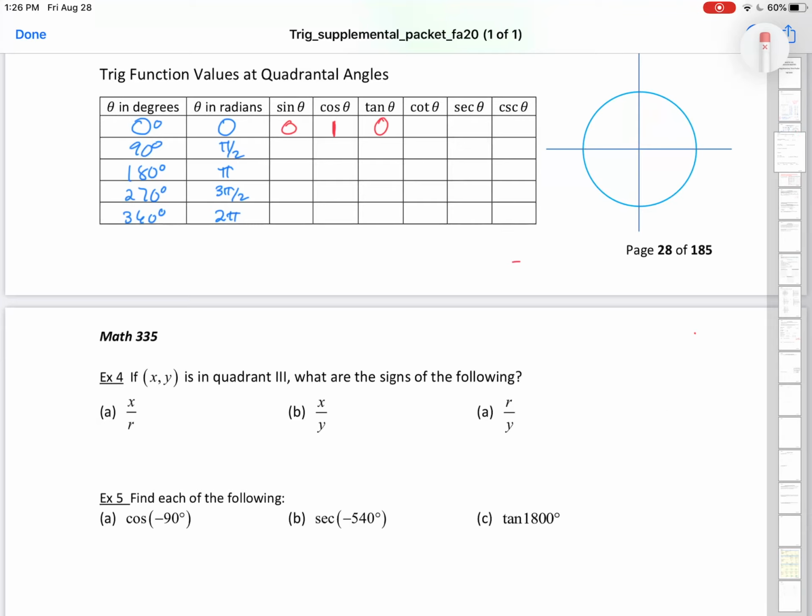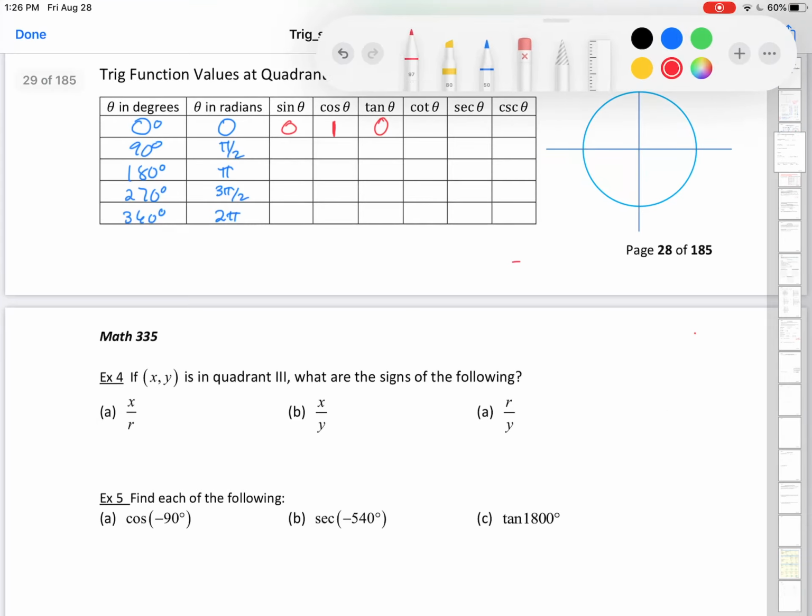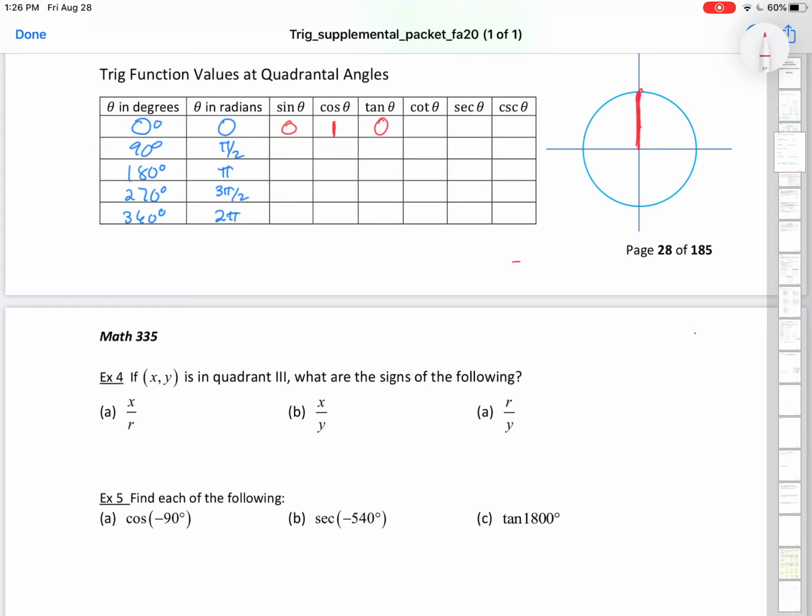Okay, where are we going to move? We're going to move to 90 degrees. Here we are at 90 degrees. Sine corresponds to y. Let's make this out a distance r. Then sine is going to be r, its y height, divided by that same r length. It's going to be 1.